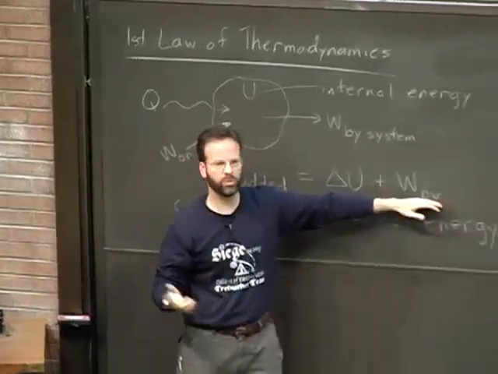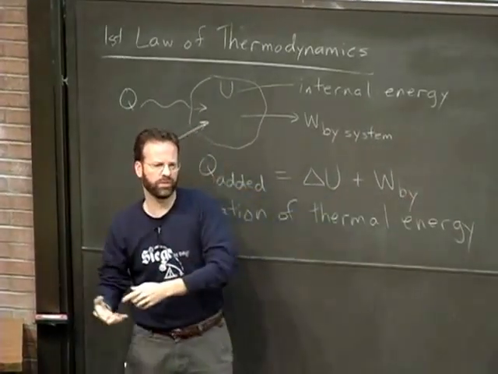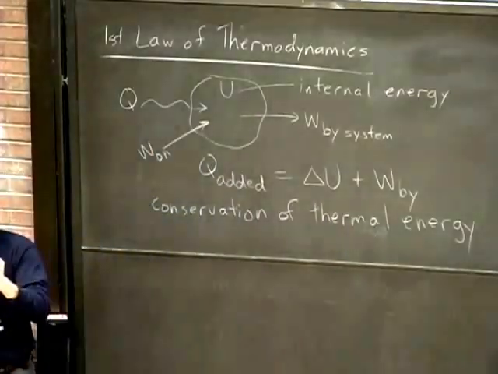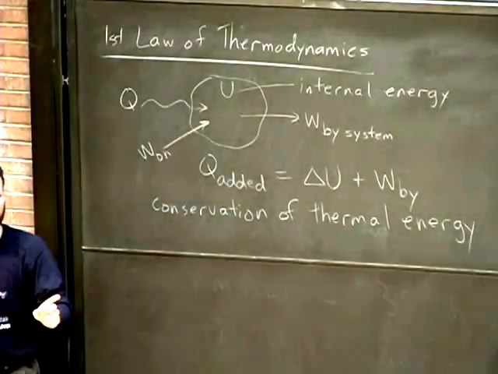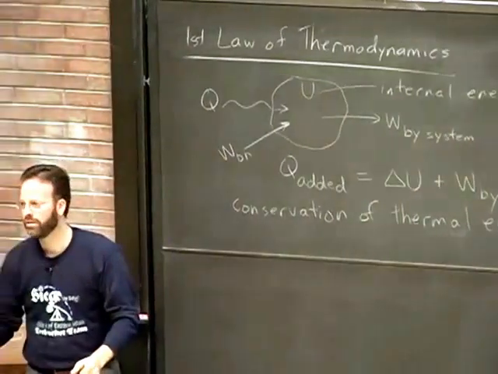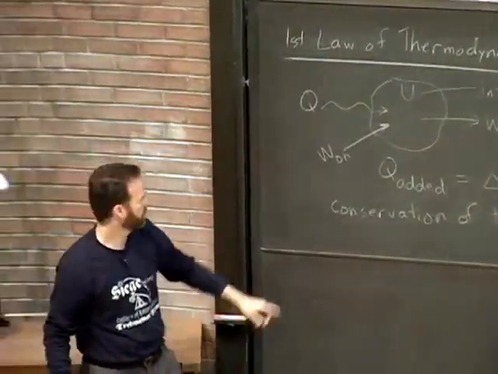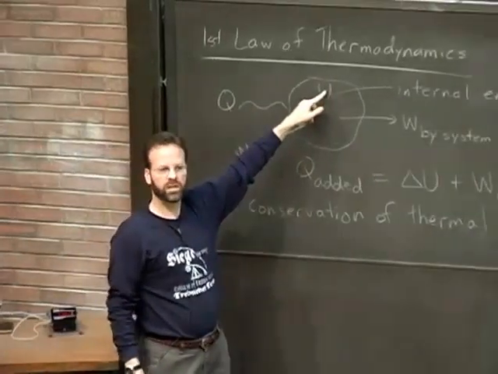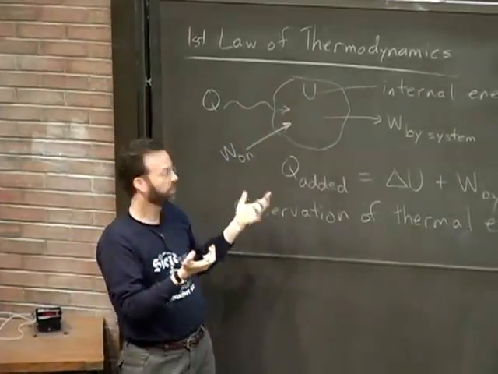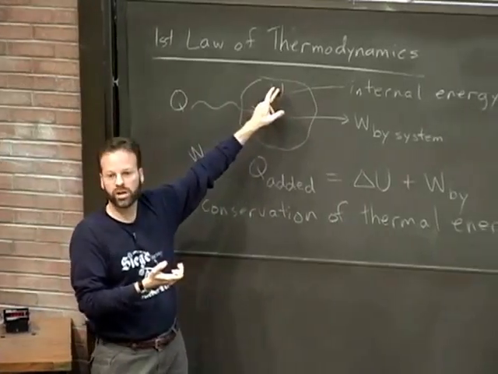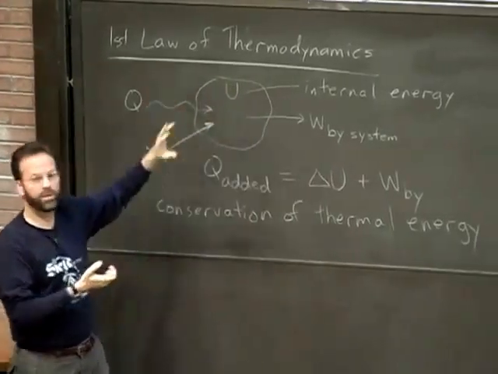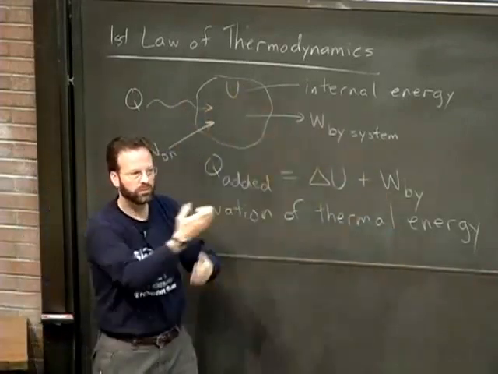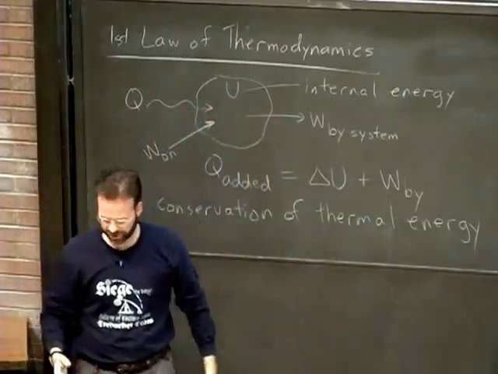Some do by the system, some do on the system. Physicists like to look at it differently than chemists do. And I get really confused which way to write the equation. But they're all true. They're all saying the same thing. And there is no contradiction. Because if you put work into the system and you add heat, they're both going to make this raise. And they all should balance, right? These go in, that's the amount of change. If all are happening at the same time, the ins better balance the outs. You follow? It's conservation of energy.